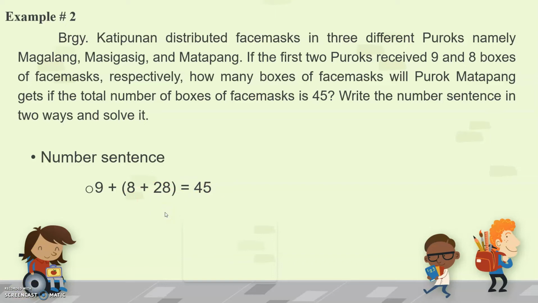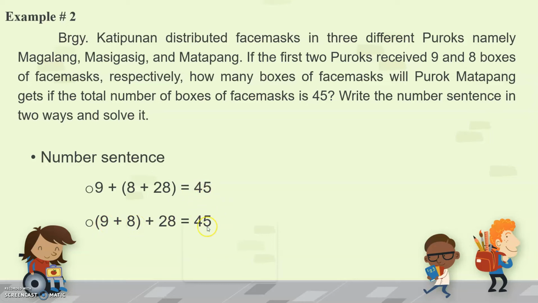How about the second number sentence? We have 9 plus 8 plus 28 equals 45. Pansinin ninyo yung groupings. So, dito sa first number sentence, ang nakagroup ay 8 plus 28. And then, sa second number sentence, ang nakagroup naman ay yung 9 plus 8. Pero, same pa rin yung answer.